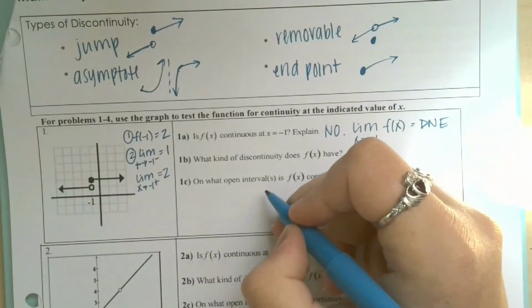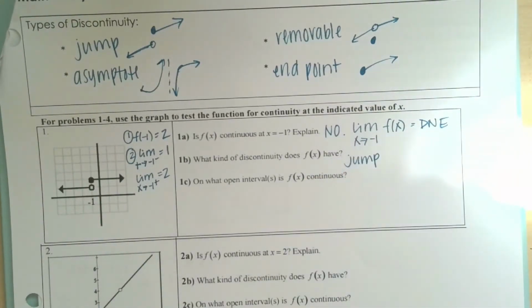The way I like to think about your function being continuous is that these intervals consist of the parts of your function where you could draw it without picking up your pencil. Hopefully, as I go through this, that will make a little more sense.